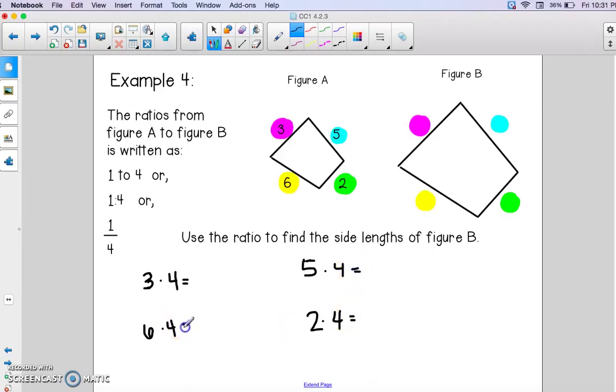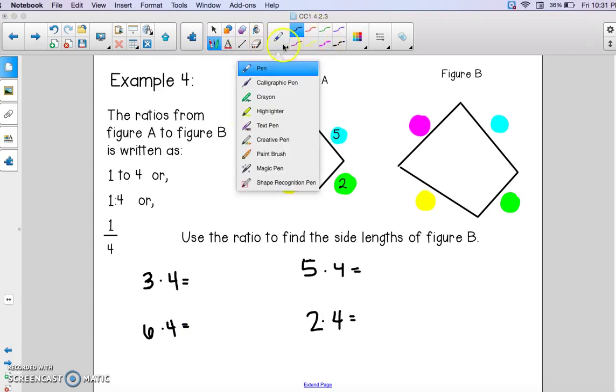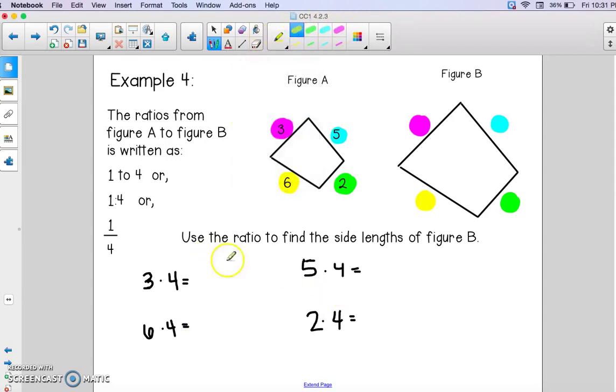And I'm going to use my highlighter again. We have the 6, and that's the number that's going to be in my missing side. The green was the 2, so that's going to be that one. This is just telling me where I need to put these numbers when I'm done.